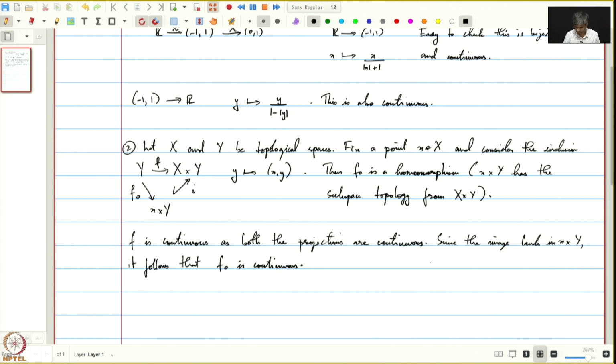right? Here we are using the following result which we had proved when we talked about the subspace topology. Suppose from A to B we have a continuous map f, and let's say the image lands inside a subset C of B. Then f factors as f naught, so if we give C the subspace topology, then this map f naught from A to C is continuous.